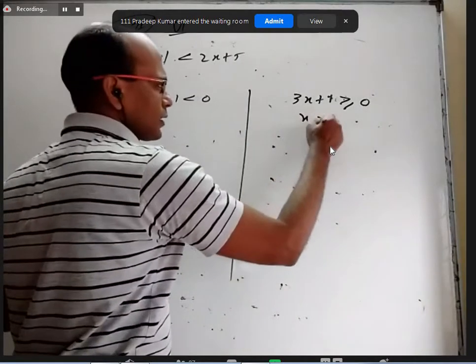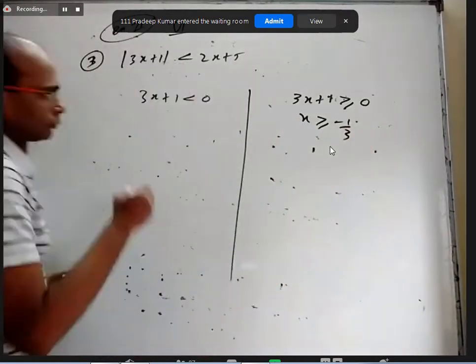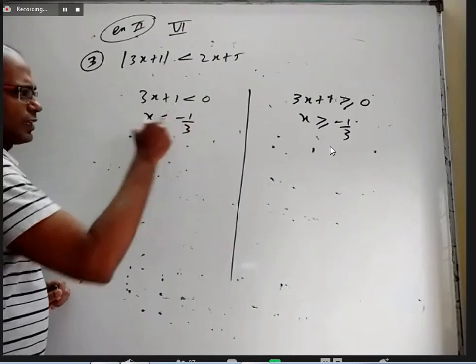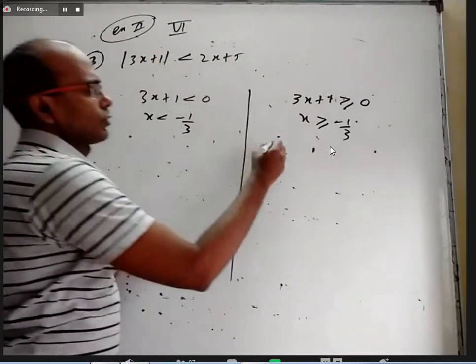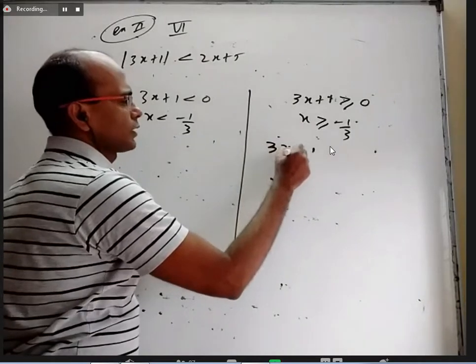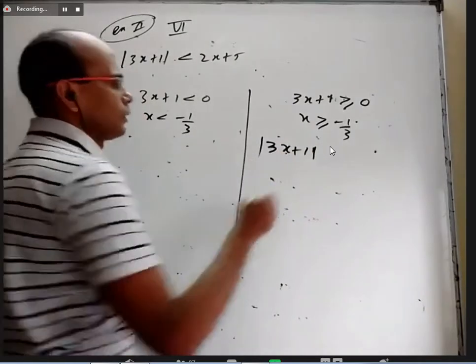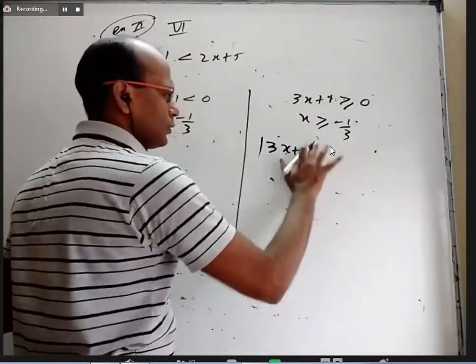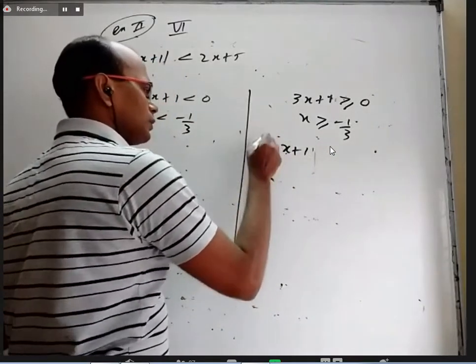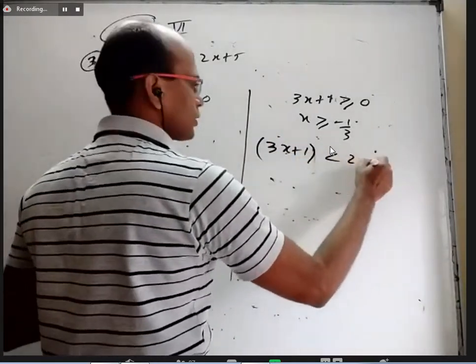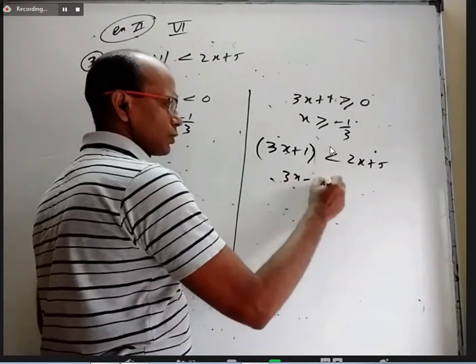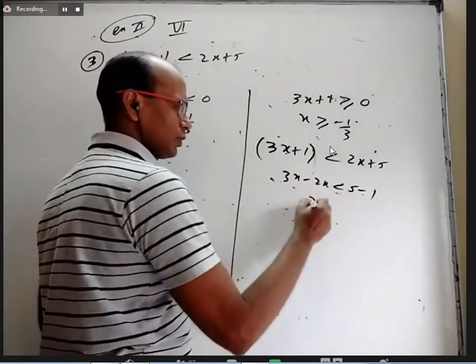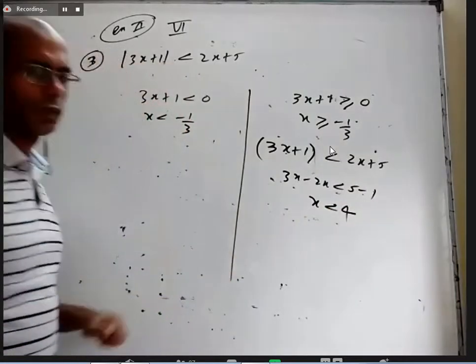That is x greater than or equal to minus 1 by 3, and x less than minus 1 by 3. Because it is positive, it will come as it is without mod. So it will be 3x plus 1 less than 2x plus 5. Bring 2x here, 3x minus 2x is less than 5 minus 1, x less than 4.